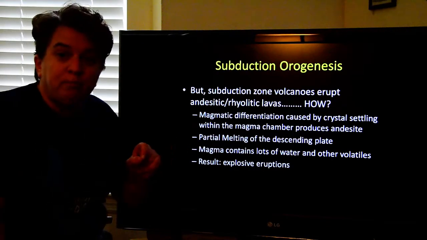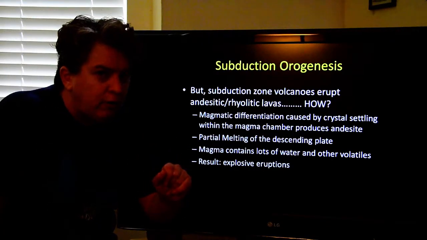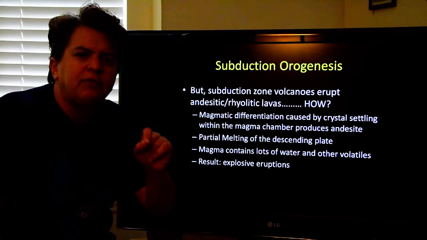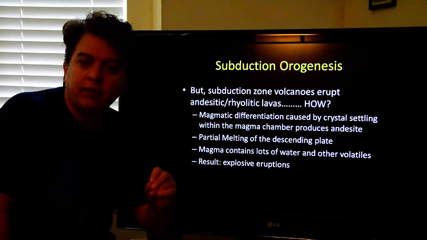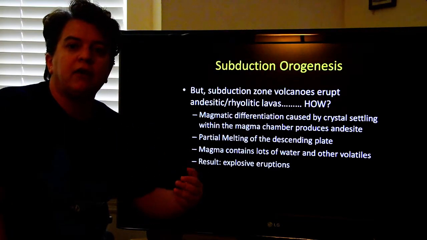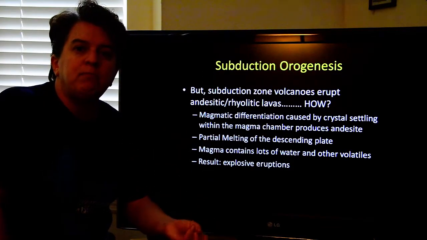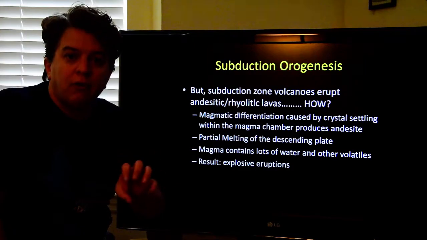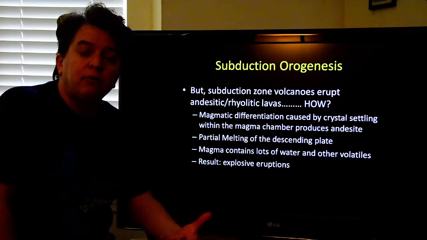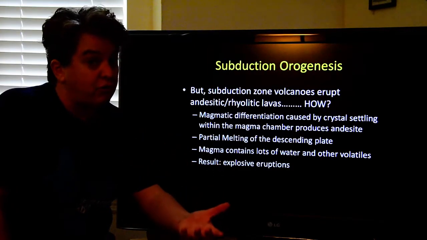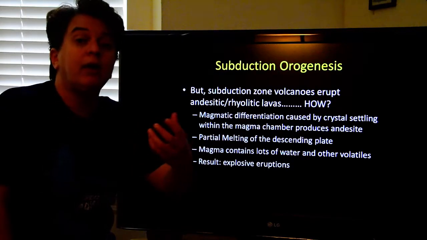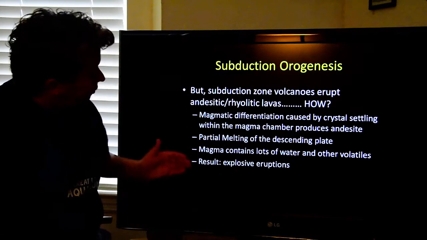Also, partial melting. I gave you a rule some time ago where I said anytime something's partially melted, it always ends up more felsic. So if we partially melt a mafic rock, we're going to end up with an intermediate rock, which means if we partially melt basalt, we're going to end up with andesite. So we have that.